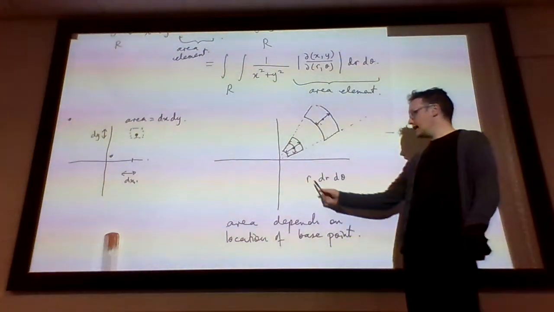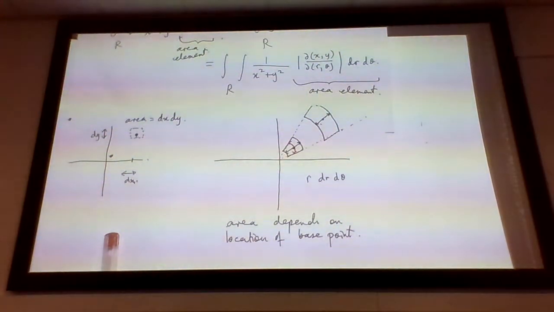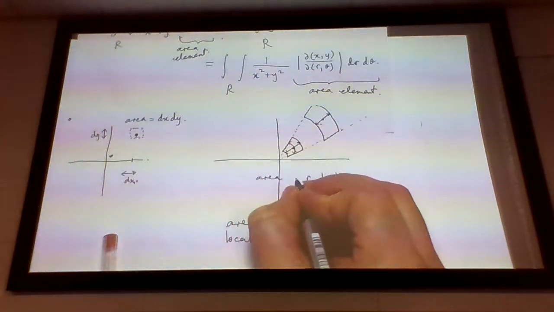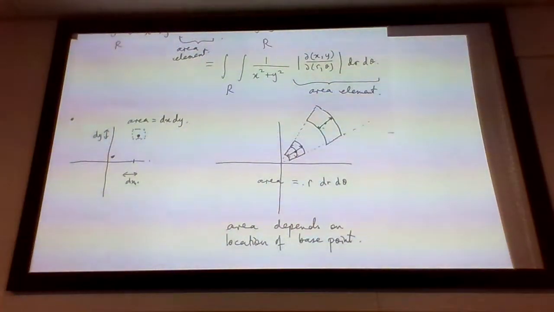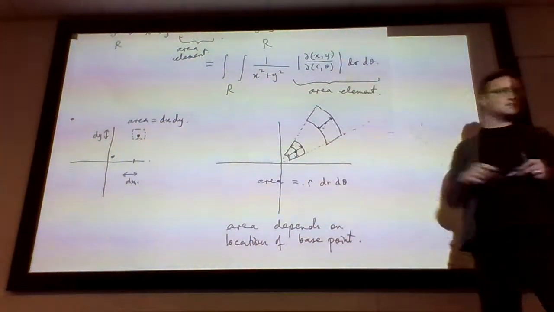Okay, so the area depends on your location simply by the value of the radius for the location of the base point.